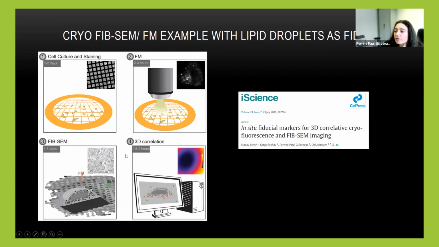And the good thing with lipid droplets is that because they are inside the cells, as you may have noticed, most of the time the error is less important where the fiducials are. It's exactly less important at the gravity center of your fiducials. So it's better to have them internalized in the cells.